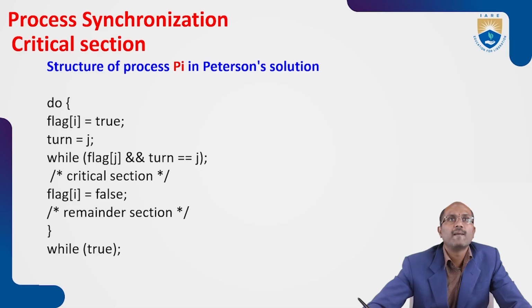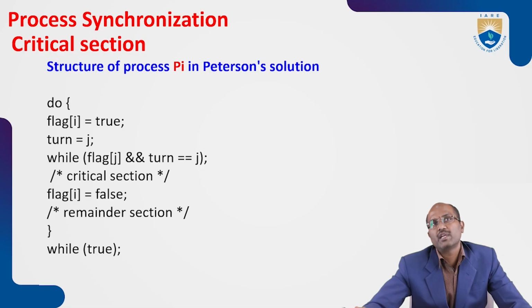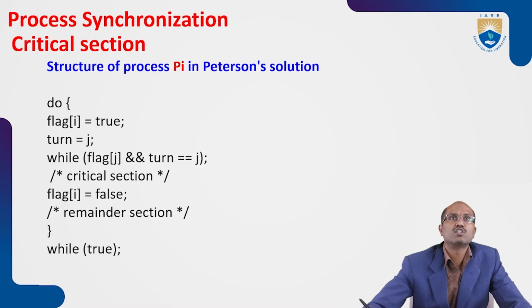They use Peterson's solution. Peterson's solution uses two variables, i and j. If process i is there, process j should be in the waiting section until process i is executed. That's why flag i is equal to true, then turn is given to j.